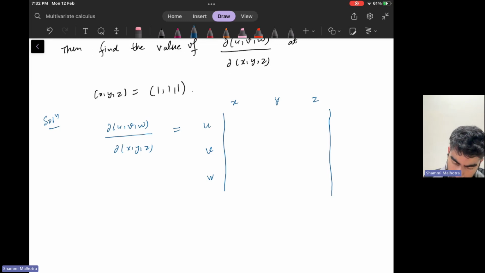Then del u by del x, del u by del y, and del u by del z, because in the denominator we have del of x, y, z, so we differentiate with respect to x, y, and z.